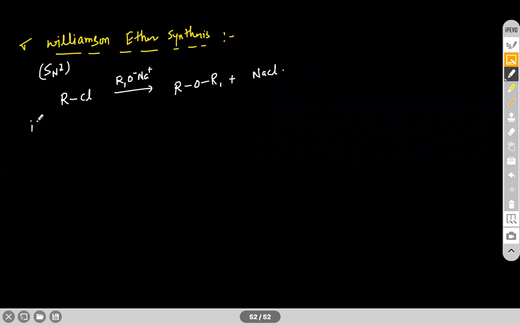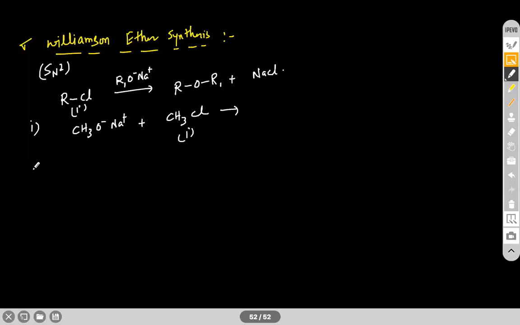Now, a few examples of this you see. Suppose I am taking CH3O minus Na plus, CH3Cl, 1 degree. It is also 1 degree. This is also 1 degree. So it forms what?